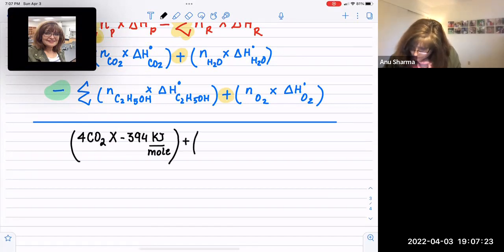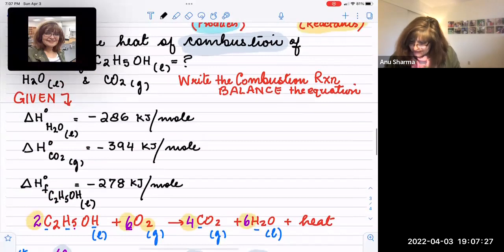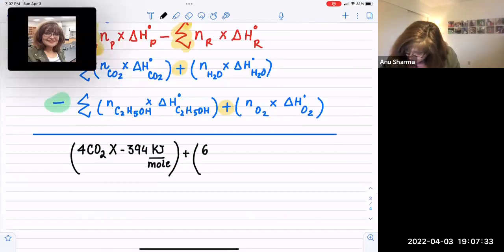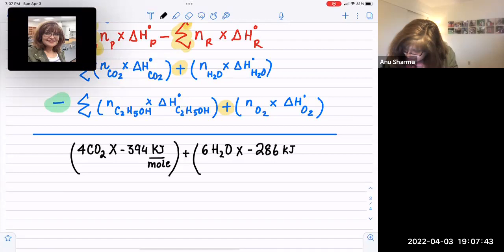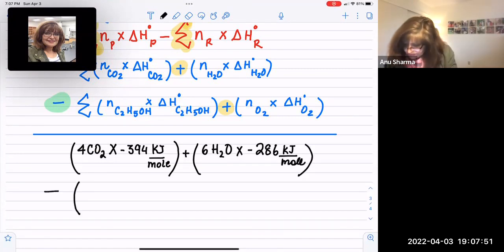Plus, for water in the liquid form, we have negative 286 times 6. So 6 of H2O times negative 286 kilojoules per mole. Okay. So these are added, and then you subtract from the reactant side.